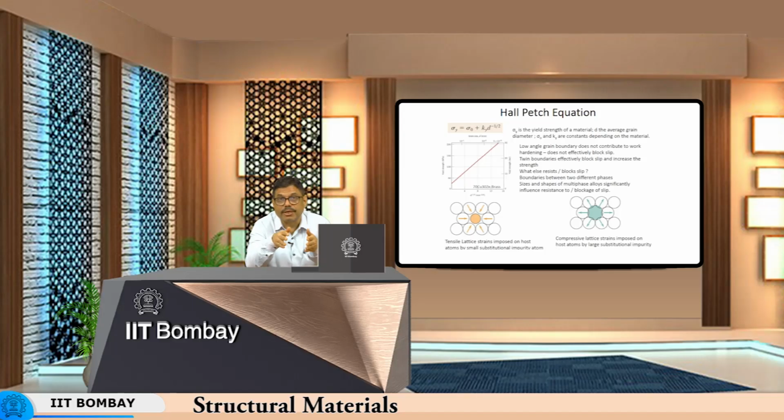The material behaves brittle. Brittle means it will not undergo any plastic deformation. It will just crack, just like our ceramic plates and saucers crack, right? So that is what happens to a brittle material.